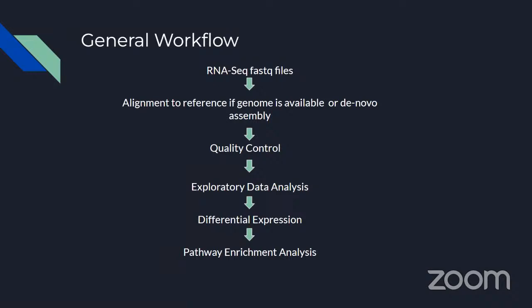These FASTQ files are either aligned to a reference genome if the reference genome is available, or we could even align them to transcriptomes, since we have several transcripts available. Or, if you don't have any reference information for this particular organism, or the annotation is not readily available, you could go to a de novo assembly and then quantify.